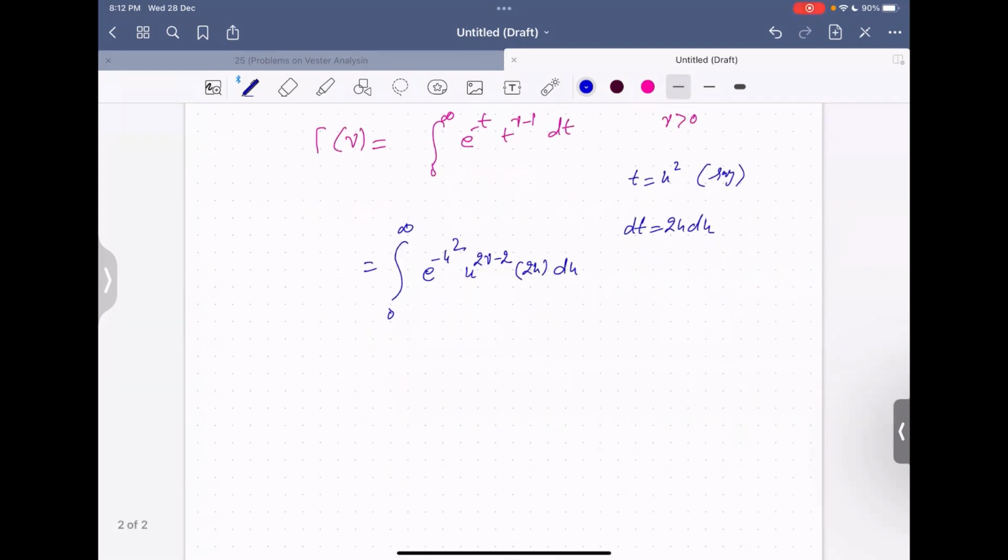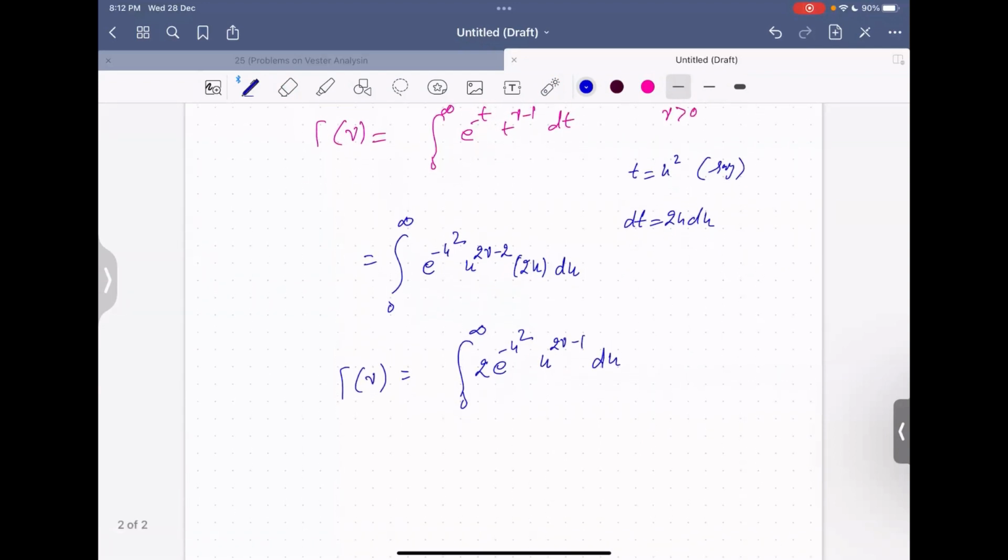So when you see, you get the integral from 0 to infinity of 2 e to the power minus u square, u to the power 2 nu minus 1. So thus you get gamma nu.